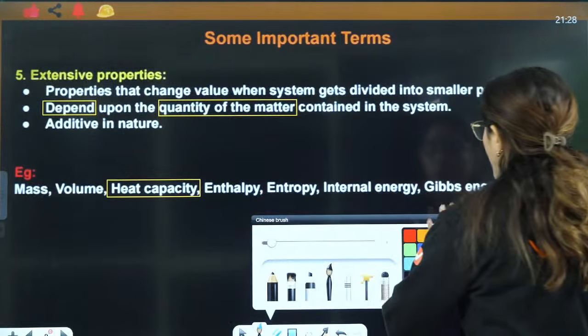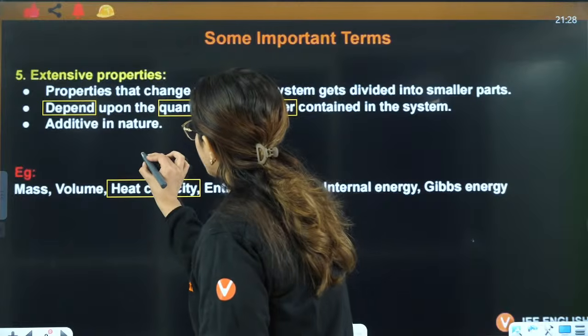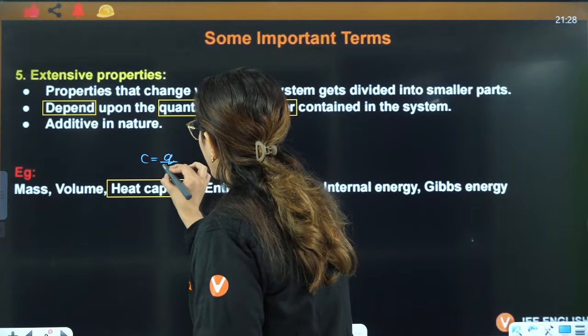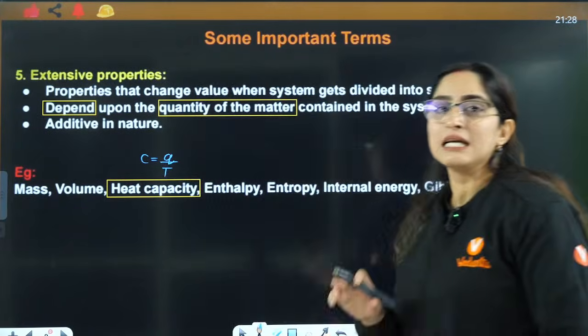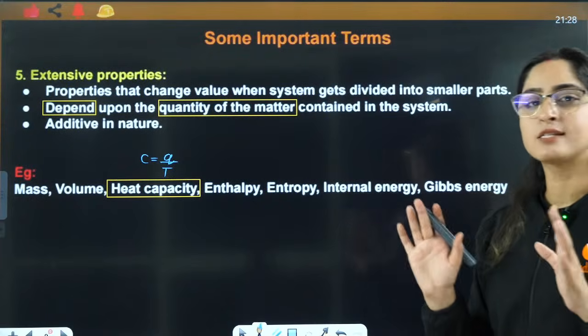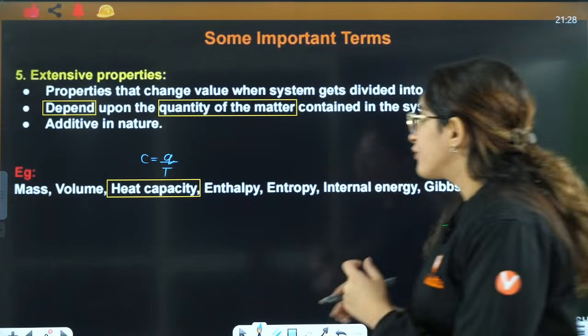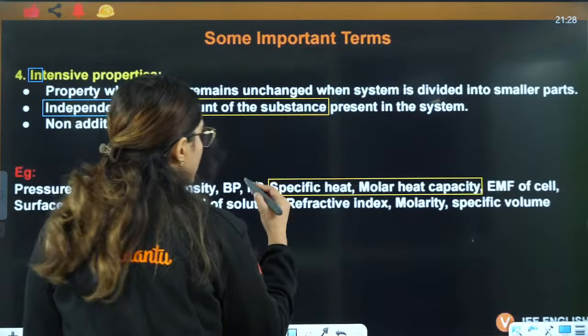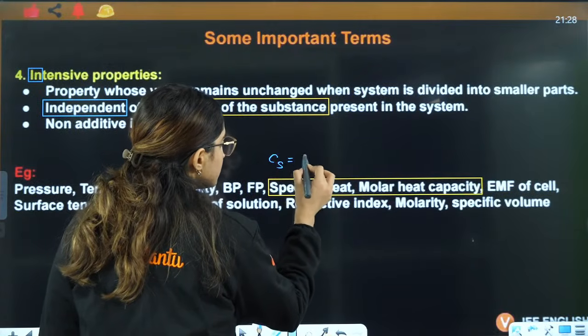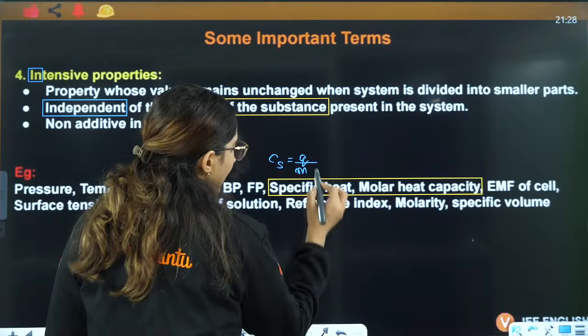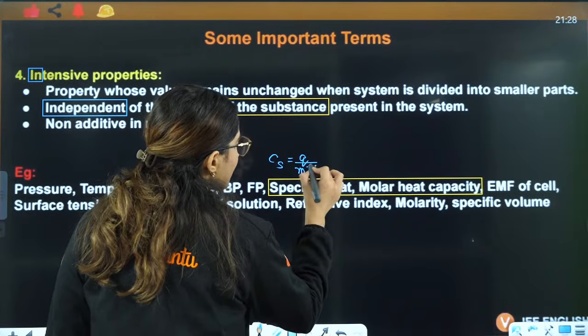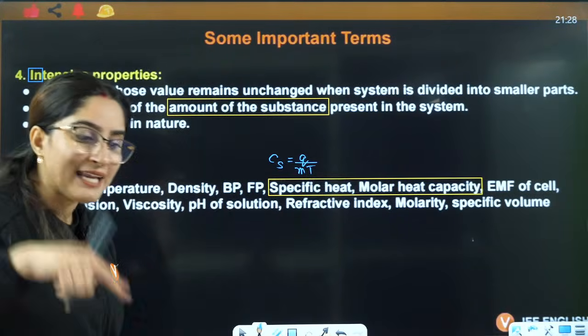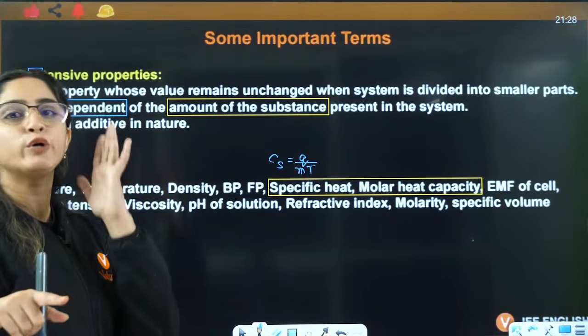So if you talk about heat capacity, that is represented by C equals Q by T. That is dependent upon the mass. If you talk about specific heat capacity, it is Q by MT. Specific means I am talking about only one unit mass.